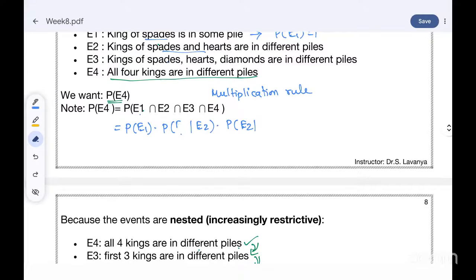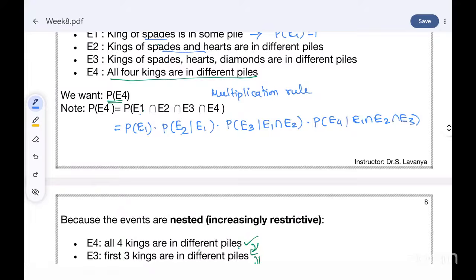Then probability of E3 given the intersection of E1 and E2, and then probability of E4 given the intersection of E1, E2, E3. Okay, so this is the formula we are going to use.